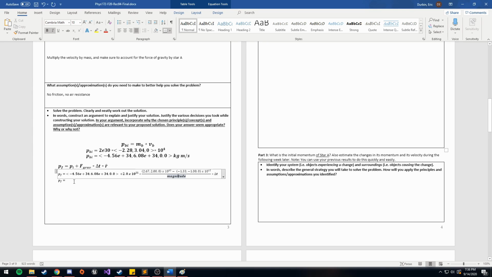I just multiplied the magnitude of gravity times the unit vector of r. Okay, I did mine also times delta t. Oh, okay, let me try multiplying it.